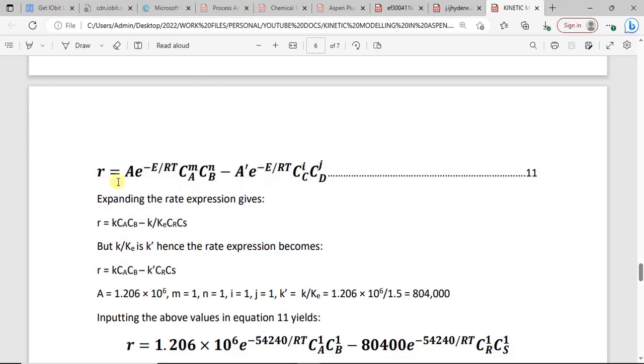We are comparing this with the rate equation from the question, which is this right here. So you have R is equal to K CA CB minus K over KE CR CS. So this is just you expanding the rate expression.